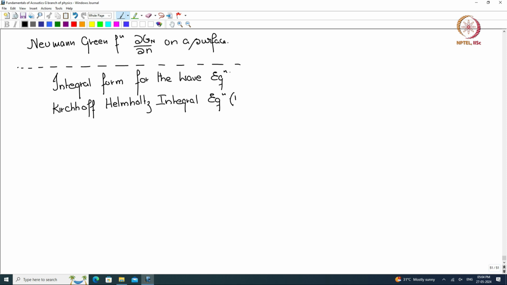Or in short, it is called KHIE, and it is used very heavily in the boundary element method. So, numerical method, boundary element method.